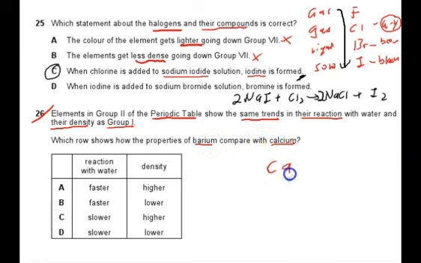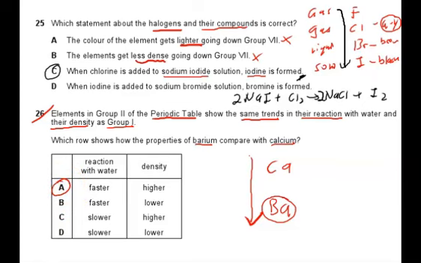Calcium is on top, barium is lower than calcium. When going down the group, the reactivity increases, so the reaction of barium is much faster compared to calcium. And since the number of shells increases, barium will be higher in density. So your 26 will be A.